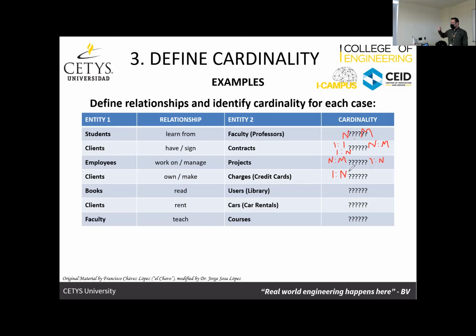So you do that with your credit card. You are doing one charge, but that specific charge is associated only to you, because you're the buyer. So depending on how we see it, it could also be one to one if we look at the charges individually. If we look at the charges as a whole, it might be one to many.